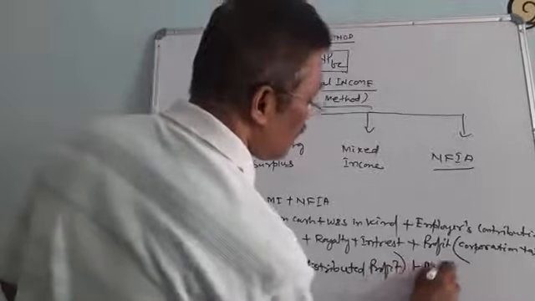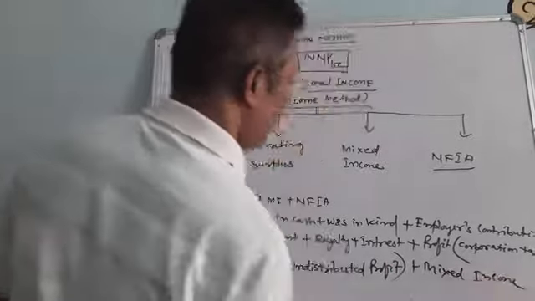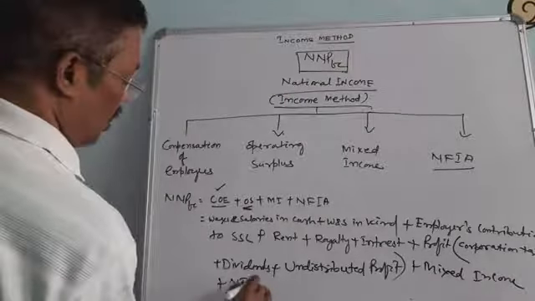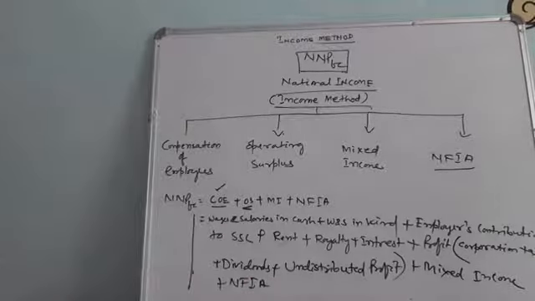Plus mixed income, plus net factor income from abroad, is to be called NNP at factor cost or national income by income method. You can solve these numerical problems.